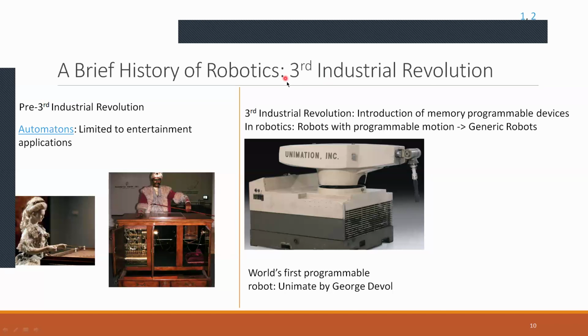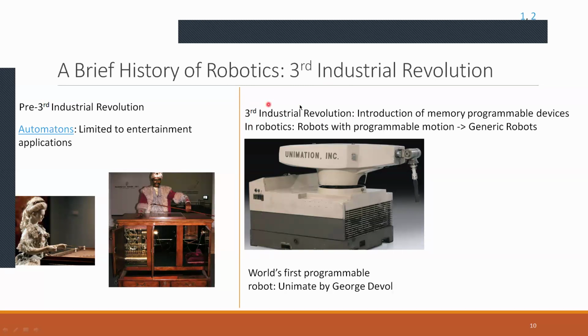So for me, all the interesting stuff in the domain of robotics has been after the third industrial revolution. Now, the first industrial revolution is where they mechanized the human. So they built custom machines which can automate what a human does, perhaps even faster as well.